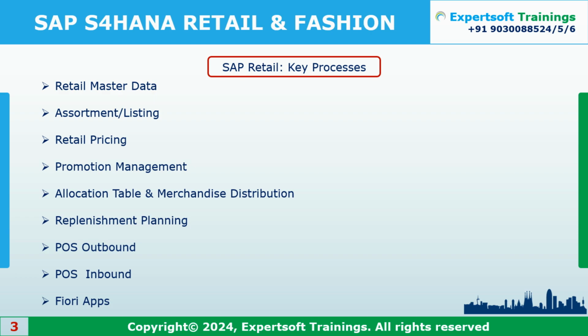One is called POS outbound, where the different master data, meaning the article, the promotion, the sales price, all these will be sent out from the SAP retail system to the POS system.